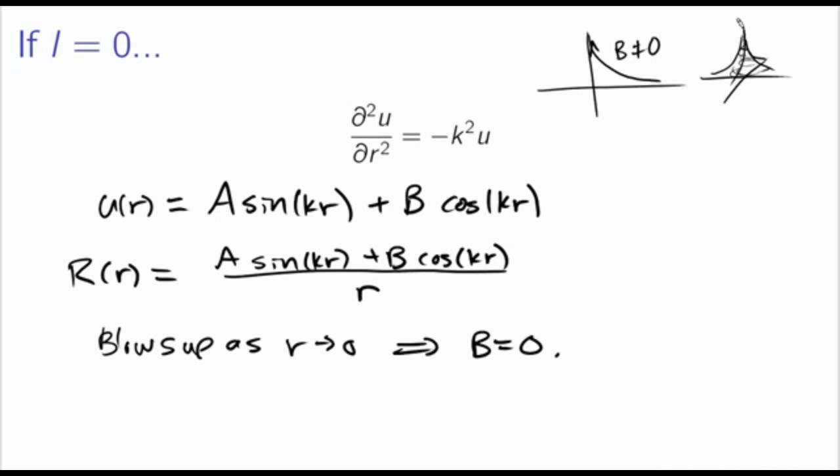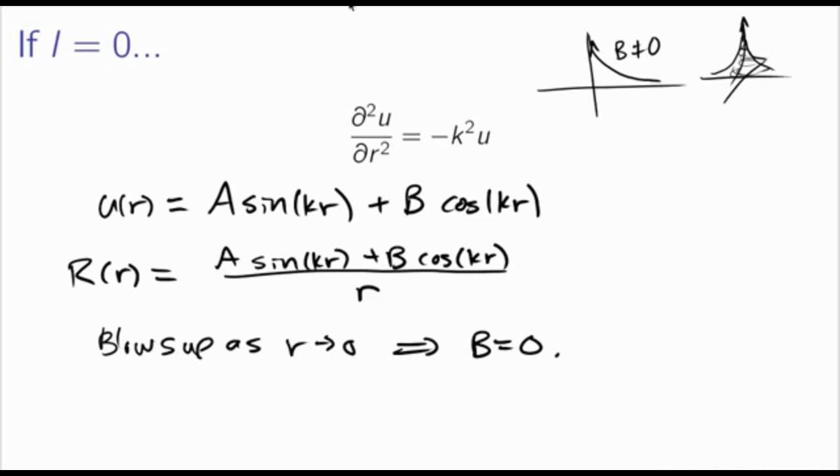Blowing up at the center means you have an infinitely sharp peak here, and that would cause problems if you think back to our discussion of the momentum operator. We would have at least a discontinuity in the first derivative of the wave function as you pass through the point, and that would be associated with non-computable or infinite values of the momentum at the center. So since we want well-behaved solutions, we can't have any non-zero value for b. This is kind of a subtle point. Hopefully I didn't talk about it too much.